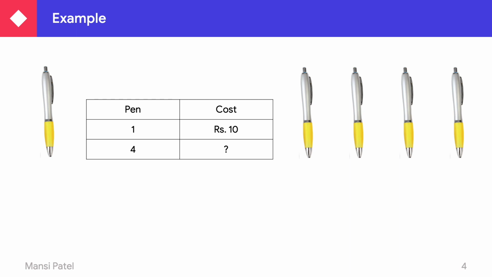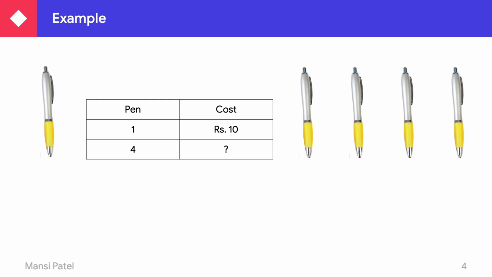Which thing was given to us? Pen. That's why you write pen first. And what do we have to find out? Their cost. That's why we write cost on the right hand side.